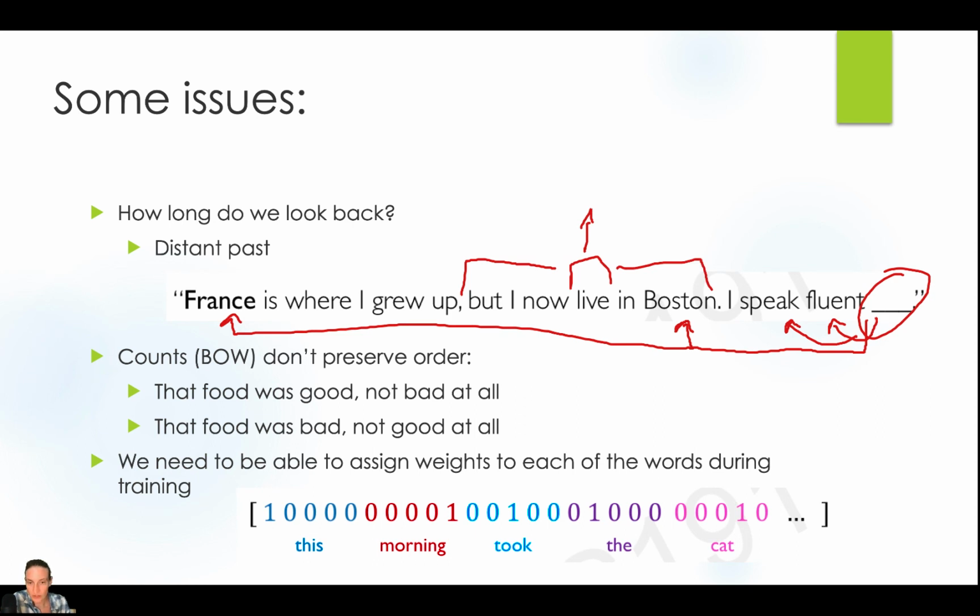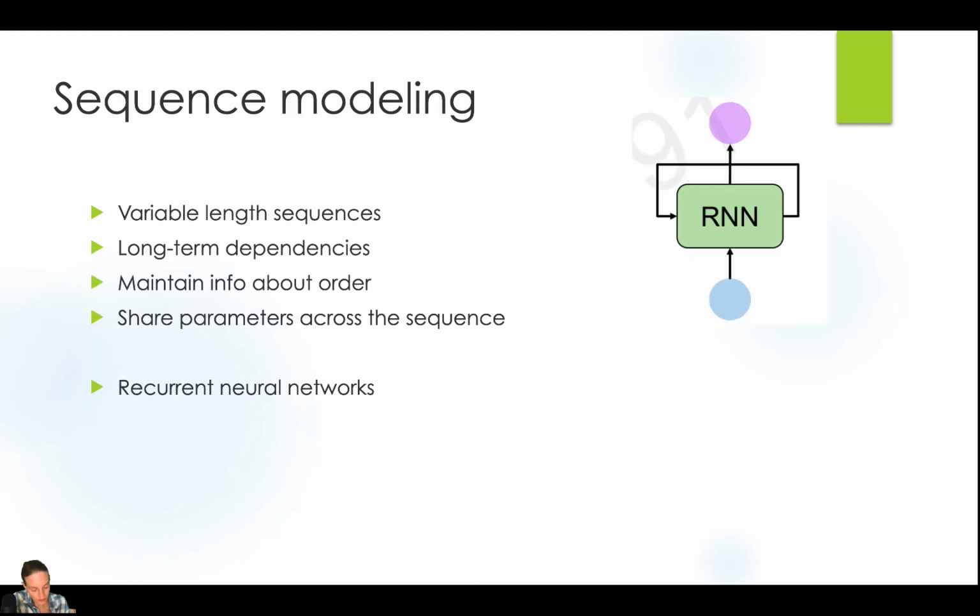But if we're actually going to do word prediction, we are not in a normal fully connected neural network. We don't look back. So we need a special type of model that allows us to assign weights to how far we look back.